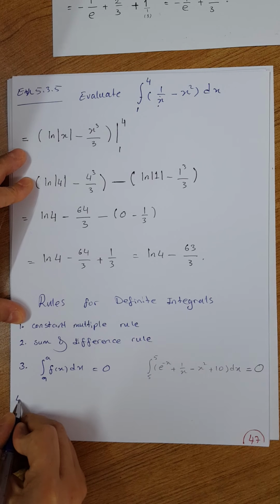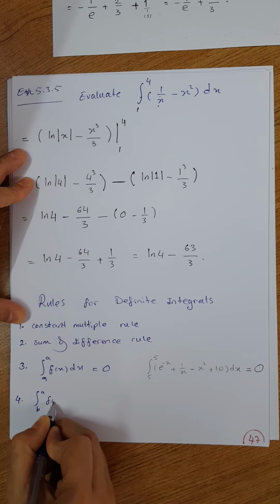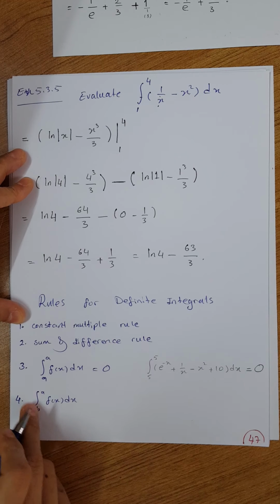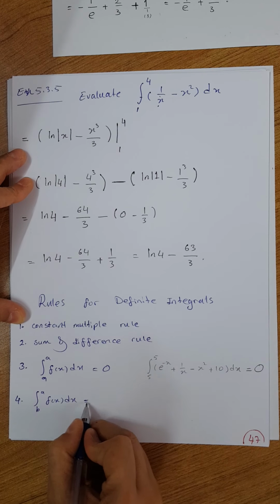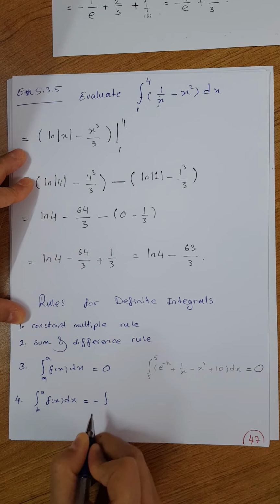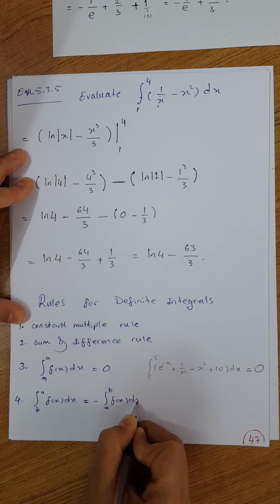We have got another rule, okay? If you have got an integration from b to a, and I want to change the bounds, the limits of the integration. For example, I want to bring that a down here and the b to there. In the example, it is required like that, so that will be minus the integral from a to b of f of x dx, okay?